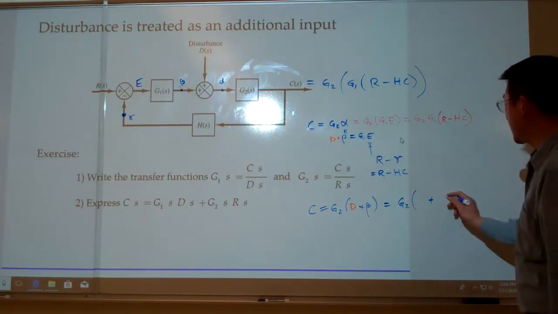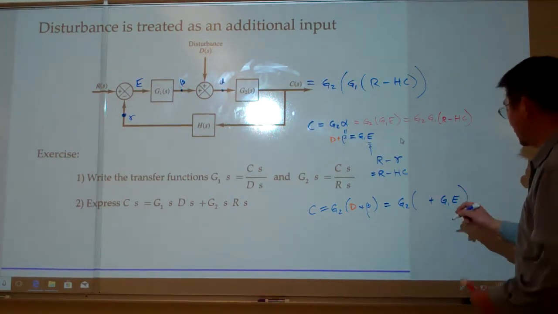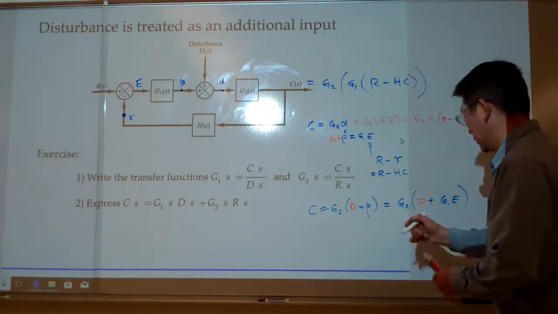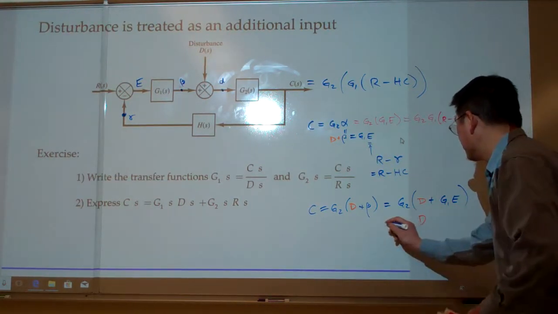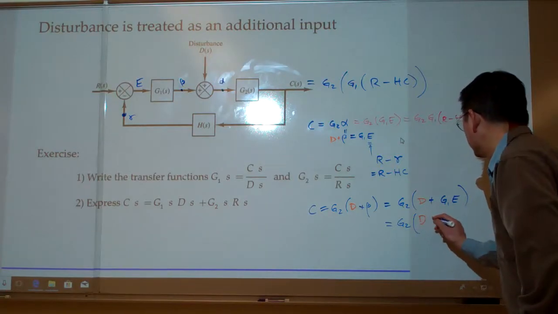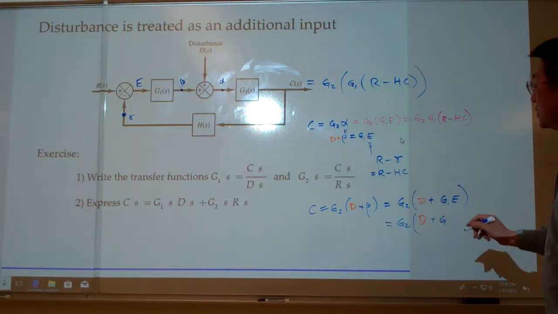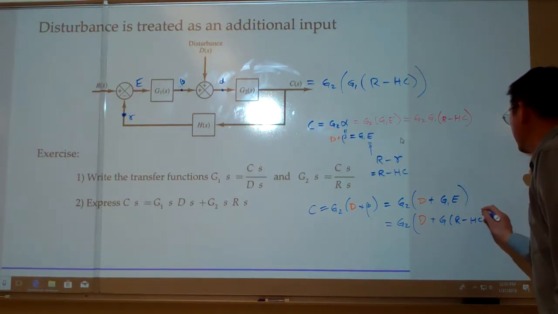Beta equals G1 times E, and G1 times E equals R minus H times C. You good?